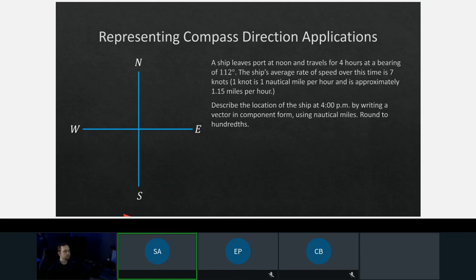The ship's average rate of speed over this time is 7 knots. 1 knot is 1 nautical mile per hour and is approximately 1.15 miles per hour. Describe the location of the ship at 4 p.m. by writing a vector in component form using nautical miles, round to the nearest hundredth. All right, so this problem is a lot easier than it sounds. It sounds like a complete nightmare.